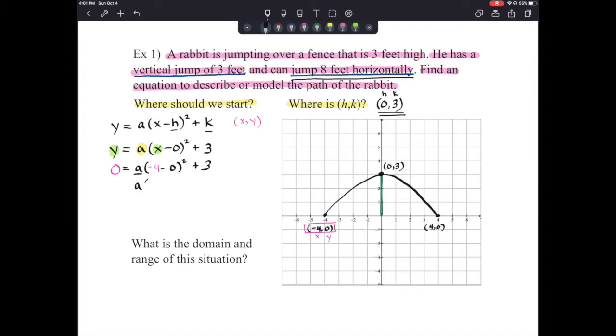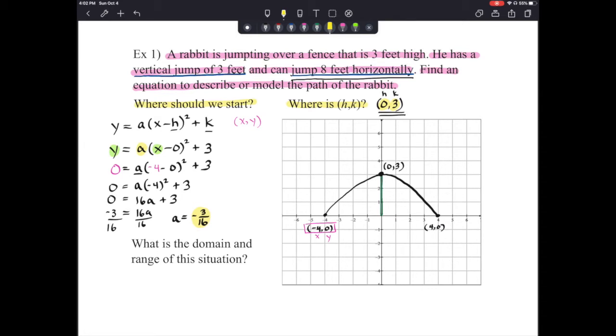So we have a times -4 squared plus 3 should equal 0. -4 squared is 16, so 16 times a plus 3 equals 0. Subtract the 3, and then divide by 16, and we just found our stretch factor. Our stretch factor is going to equal -3/16.